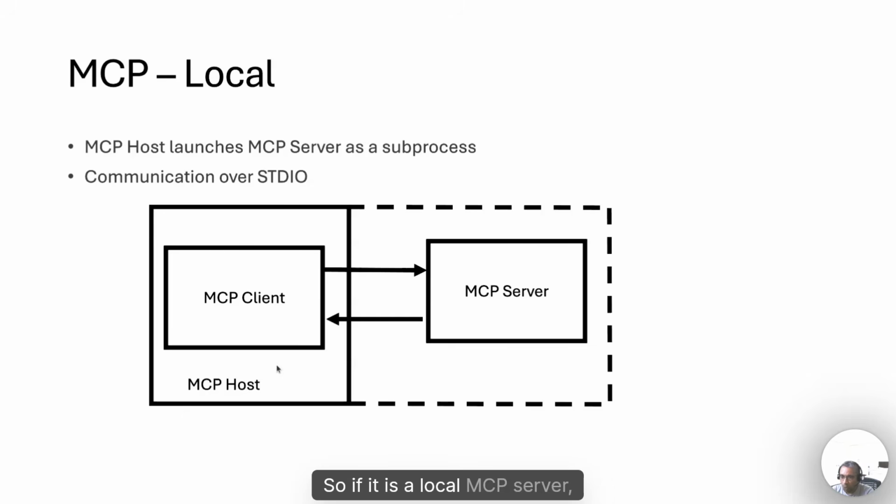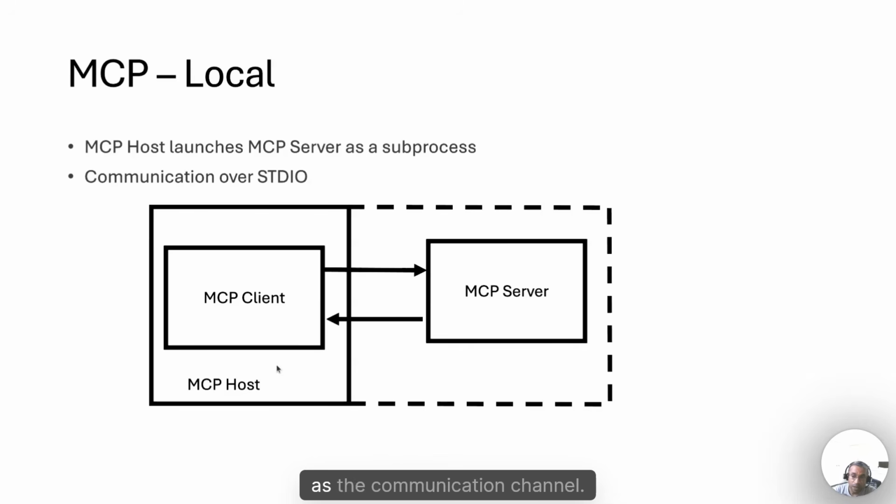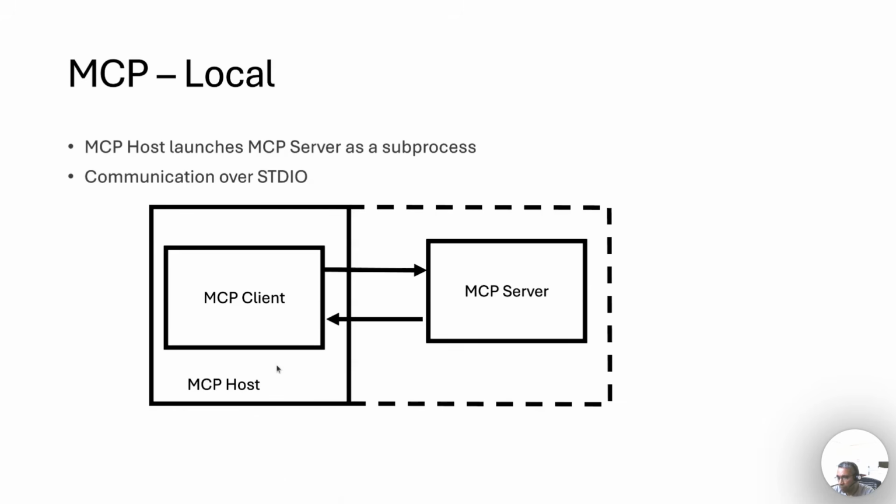If it is a local MCP server, the host application will start the server as a subprocess, and also create a client. Since both the client and the server are running on the same machine, they can communicate over standard input output, or standard IO, as the communication channel, right?